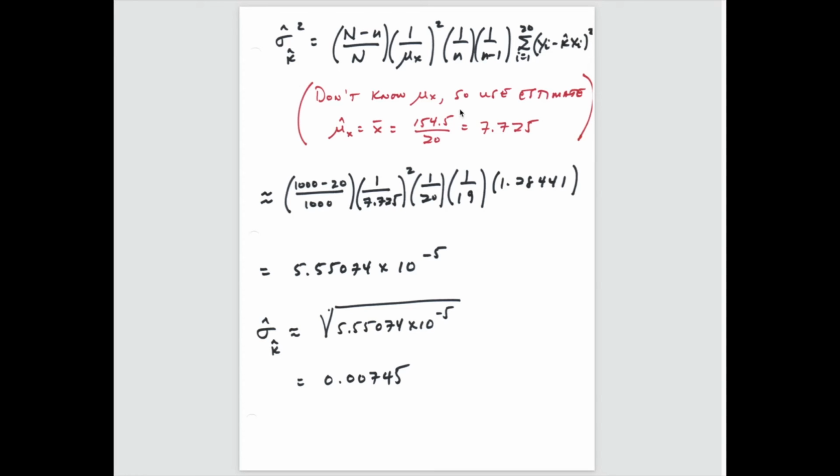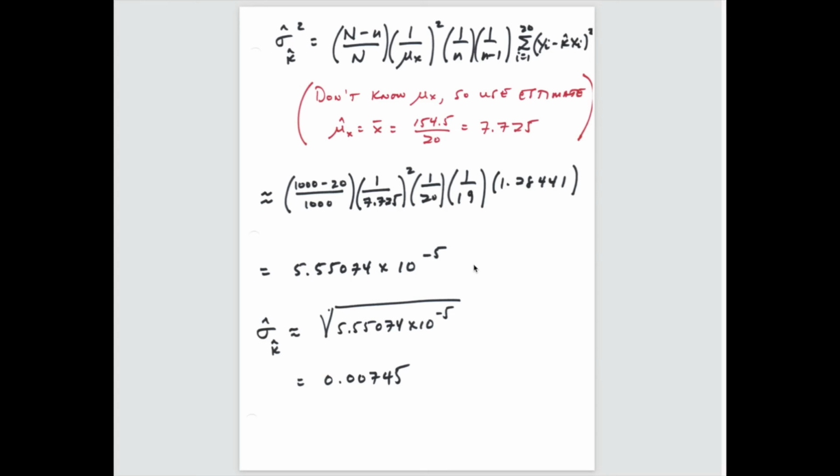So you can see we've got lots of things going on here. Now, when we plug in 7.725 as an estimate of mu sub x, this is what we get for the estimated variance of k hat, 5.55074 times 10 to the negative fifth. Again, that is the estimated variance of k hat.